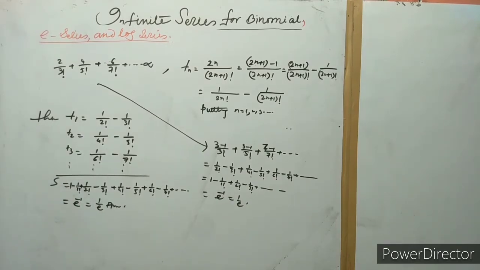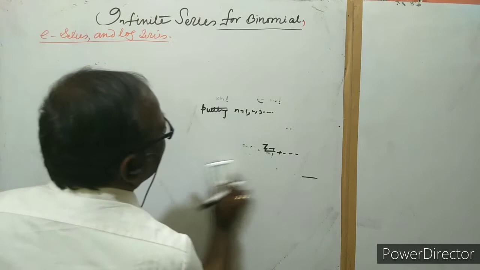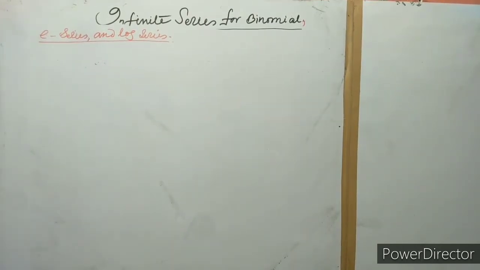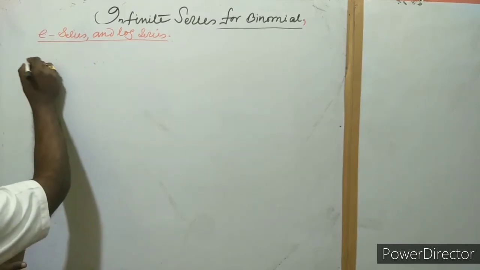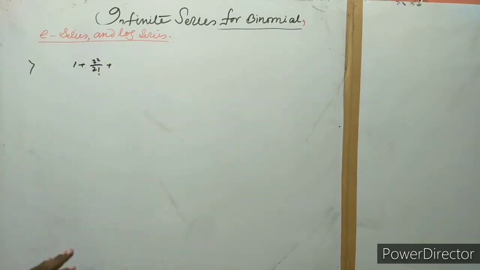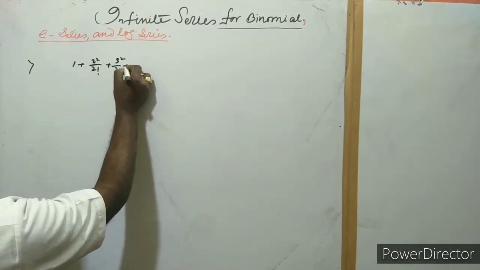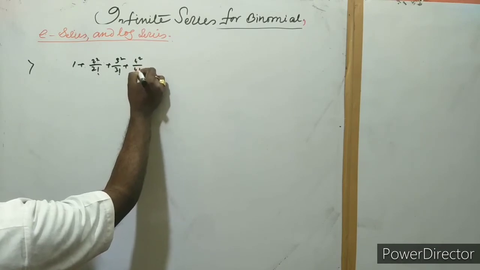And now the next problem. Find the sum 1 plus 2 square by factorial 2, 3 square by factorial 3, and 4 square by factorial 4.